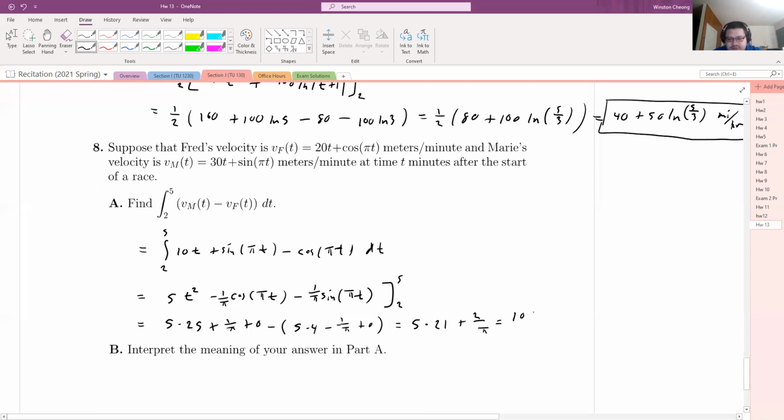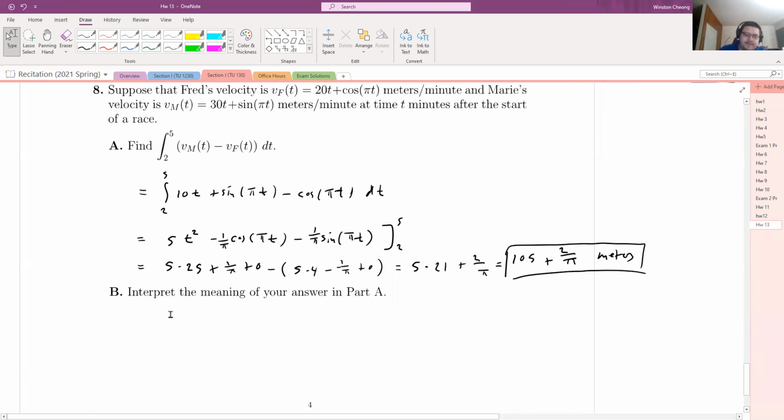And so this is 105 plus 2 over pi. And the units for this are meters. Since the thing inside is velocity minus velocity, so it's still velocity, and then you're integrating the time away, so that's going to cancel the division by time, so you end up with meters. So you can kind of reason this through unit-wise.